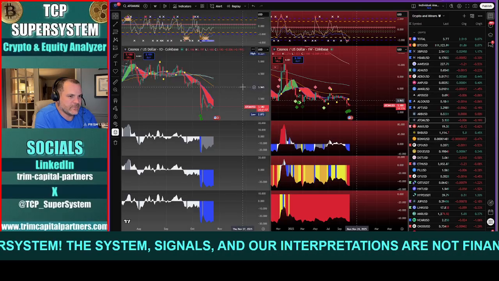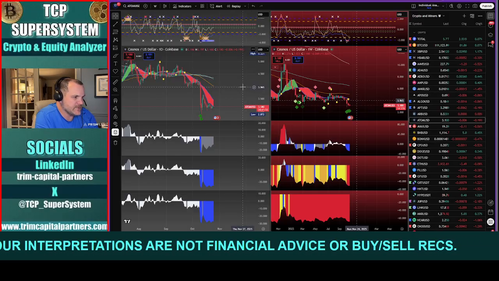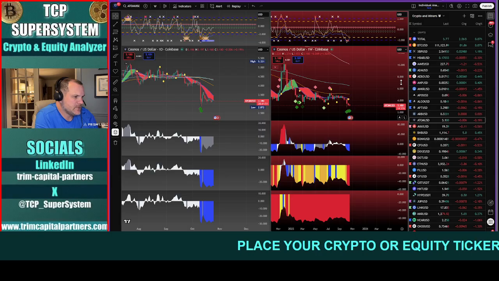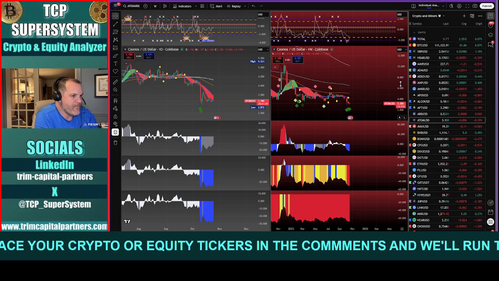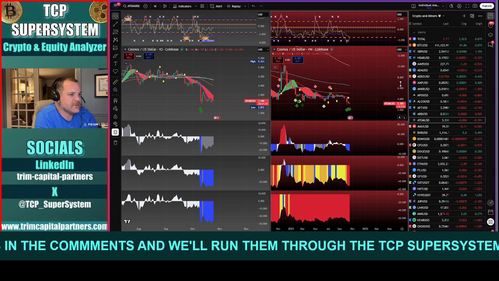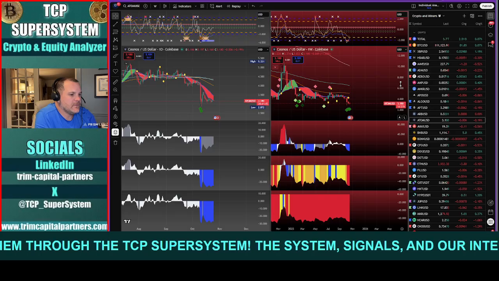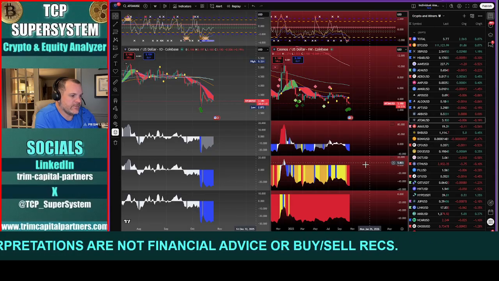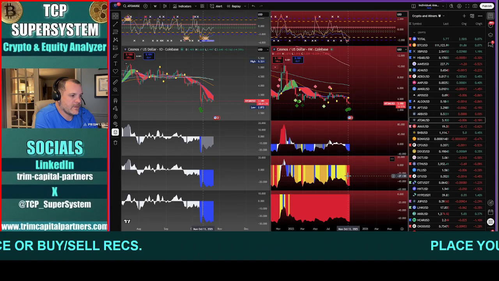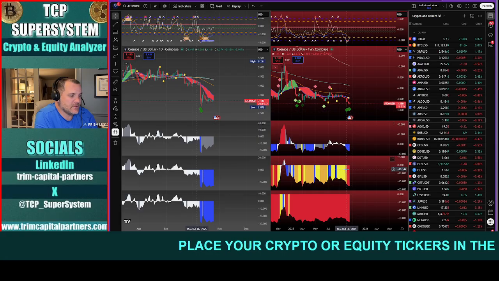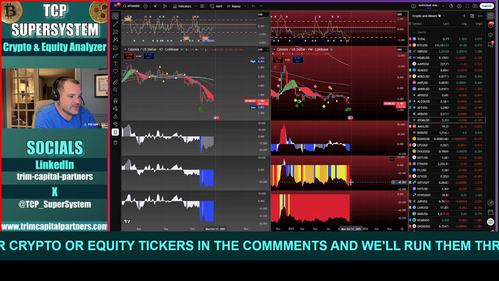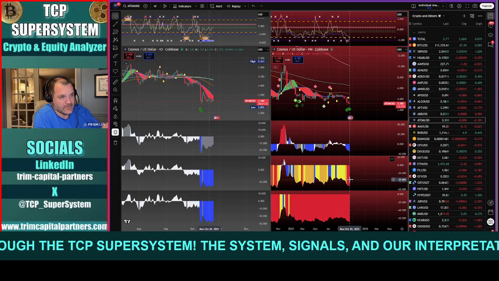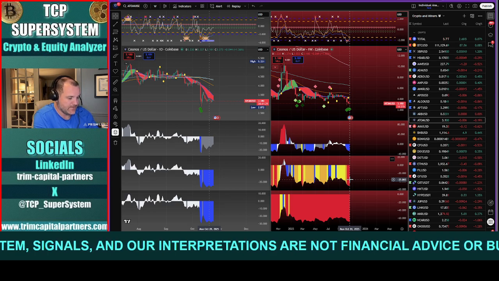Atom, let's see what we're doing for Cosmos here. Atom is the token symbol, and it's getting interesting. Similar situation. However, on Atom, we've got level 2s and 2 of our hot sensors are red, so that's a little even worse, but when I say worse, it's better for when you're trying to get into something.